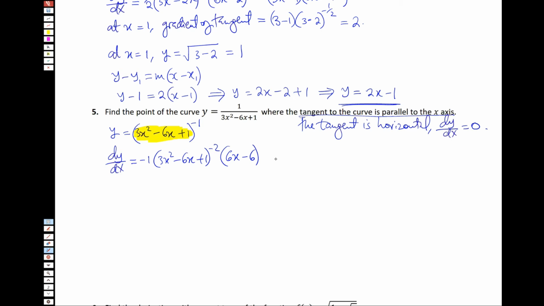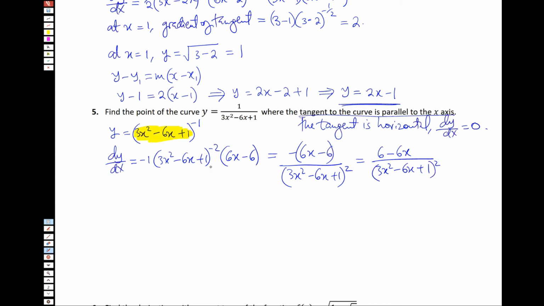Now, this can be written as negative 6x minus 6 over 3x squared minus 6x plus 1 squared. Or you can write this as 6 minus 6x over 3x squared minus 6x plus 1 squared.